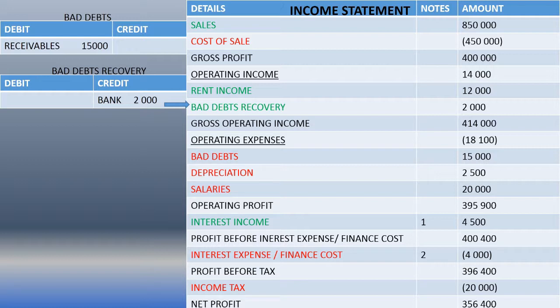Now the bad debt recovery of 2,000 will be recorded in the income column. And now we are not crediting receivables anymore, but we rather credit bank, since that 2,000 goes straight into the bank account.